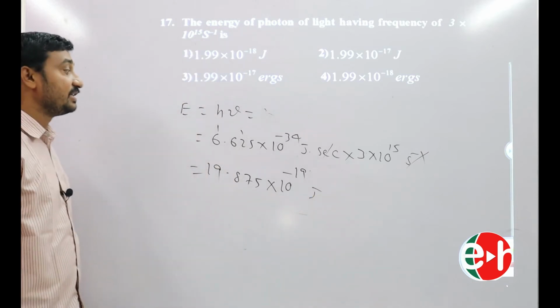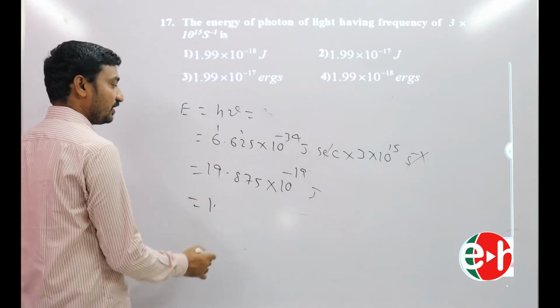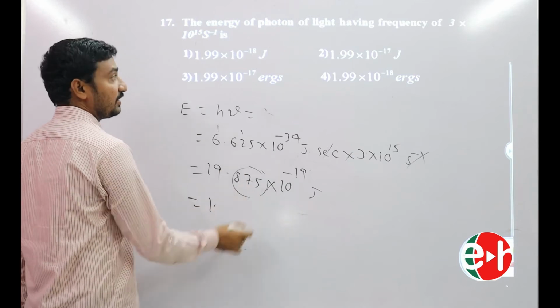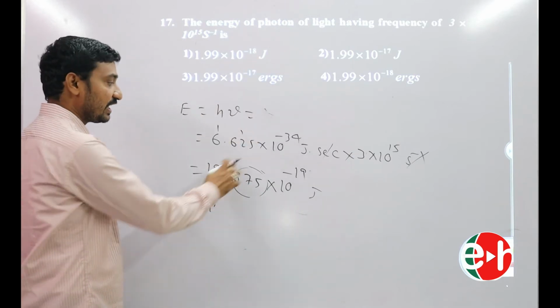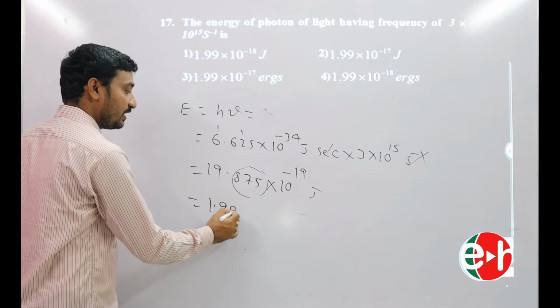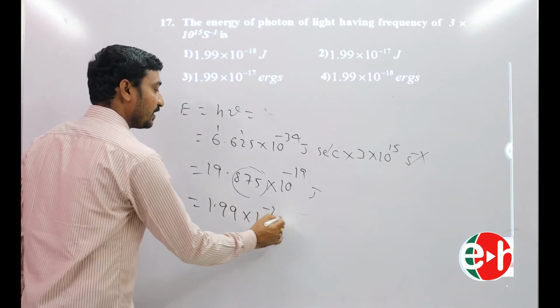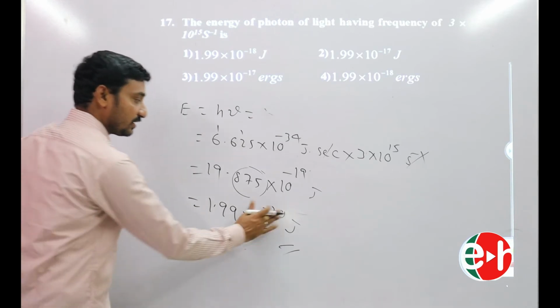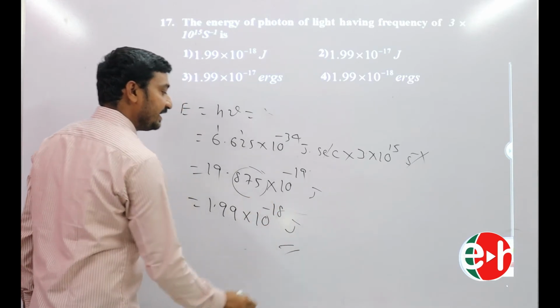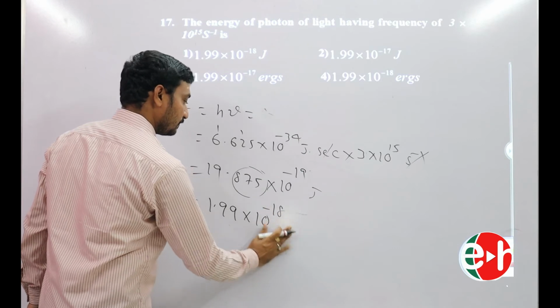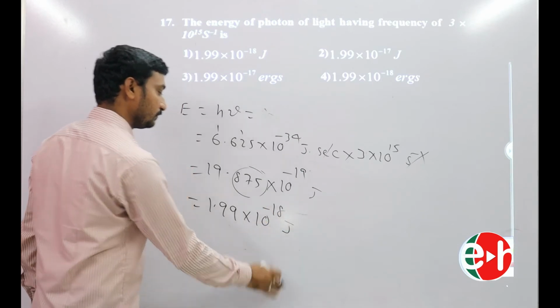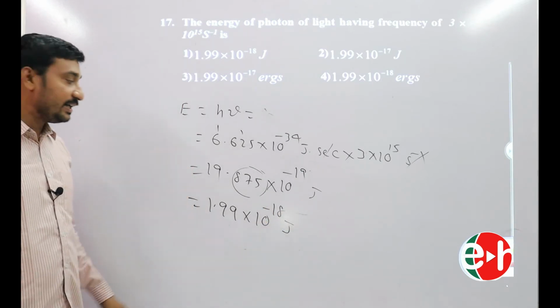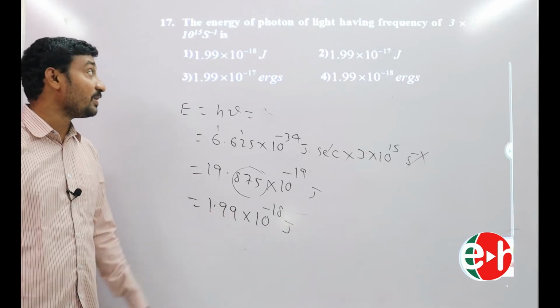This is almost taken as 1.99 because in the options 1.99 is given, so 1.99 into 10 to the power of minus 18 joules.